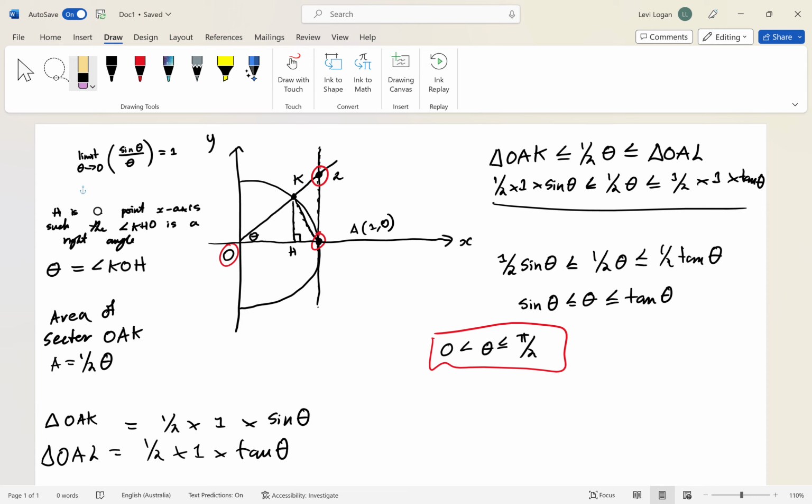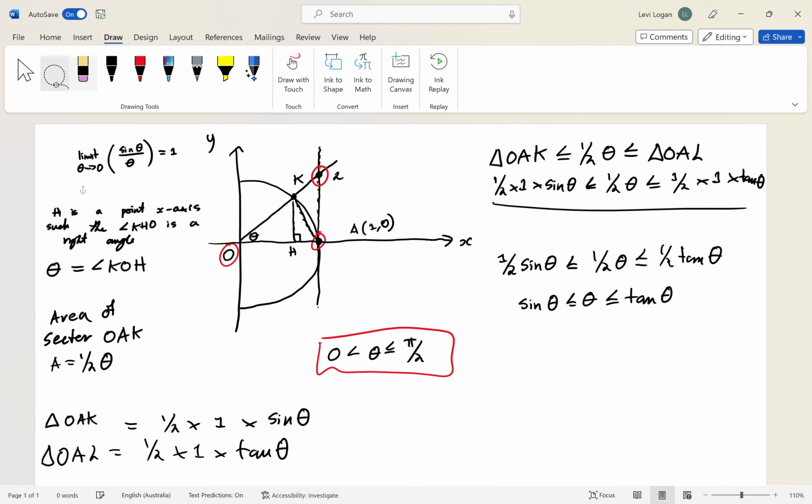So what we're going to do now is divide our entire inequality by sine theta. So we're going to divide this by sine theta, and this by sine theta, and this by sine theta.